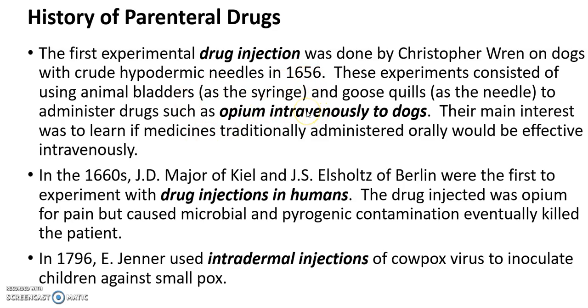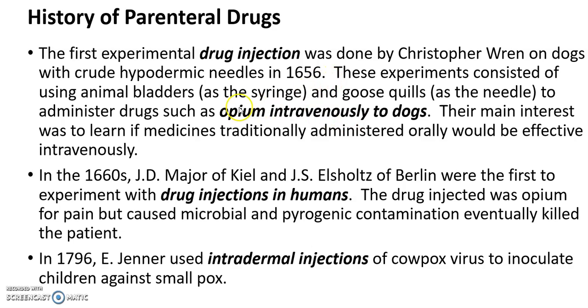So in 1656, Christopher Wren tested injecting some opioid into dogs to see if he could get some kind of opioid effect from the dog.